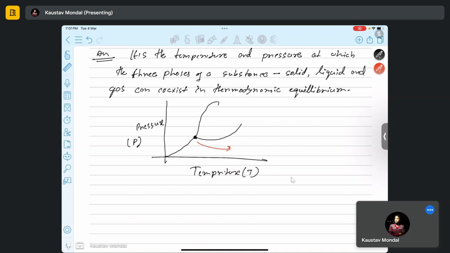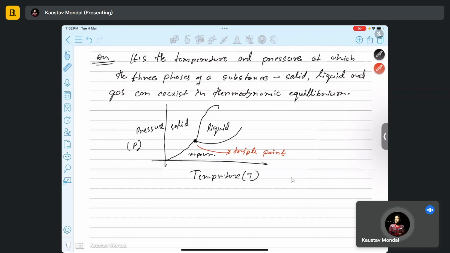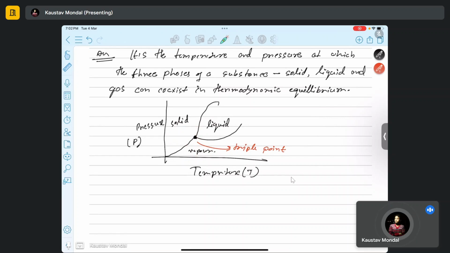Here is the solid phase, here is the liquid phase, and here comes the vapor phase. These are the phase separation lines. This triple point is important because at this particular pressure and temperature, all these three states coexist with each other in a thermodynamic equilibrium. That's why this is called the triple point.